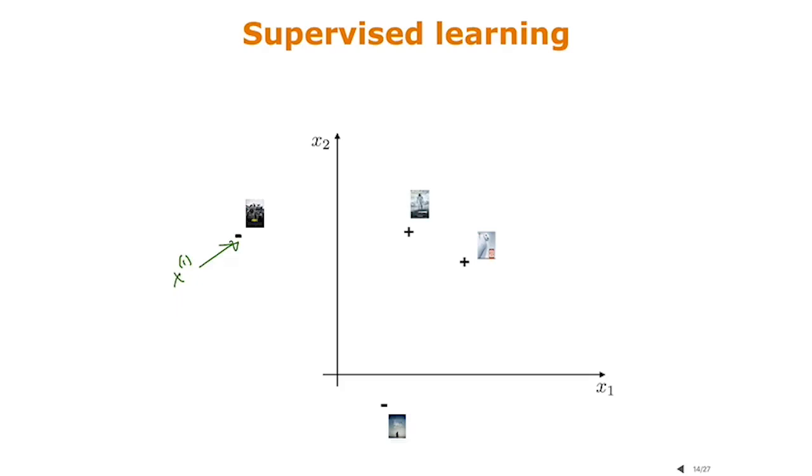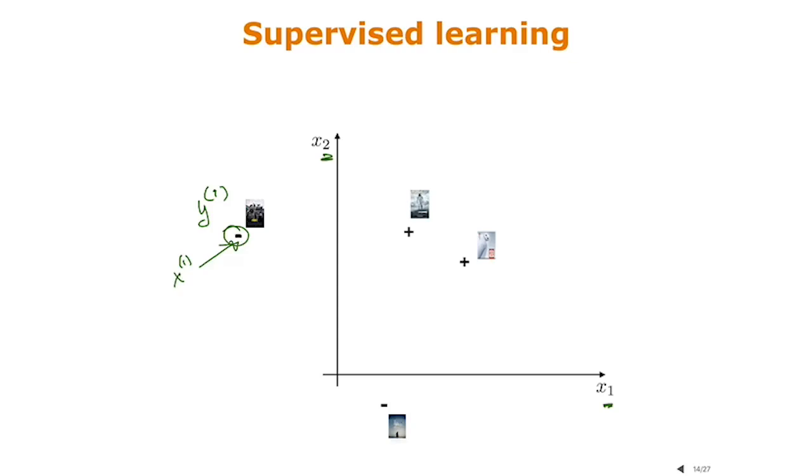Just to facilitate the illustration here, I've assumed that the coordinates of those vectors, the first 2 coordinates, are actually real numbers rather than binary numbers, so that these examples are a little bit more scattered. Okay? Associated with these examples are also the labels. So we denote them with Y's, the label. The label associated with the first training example is -1.